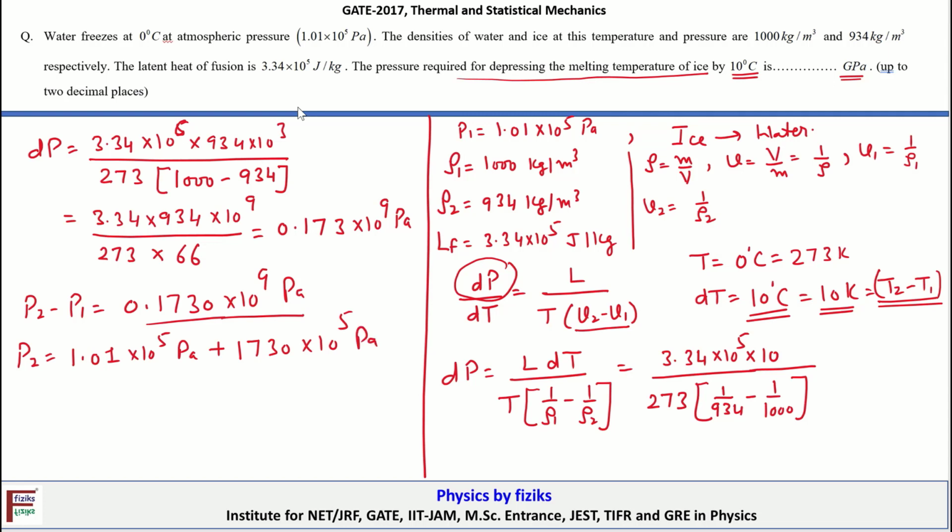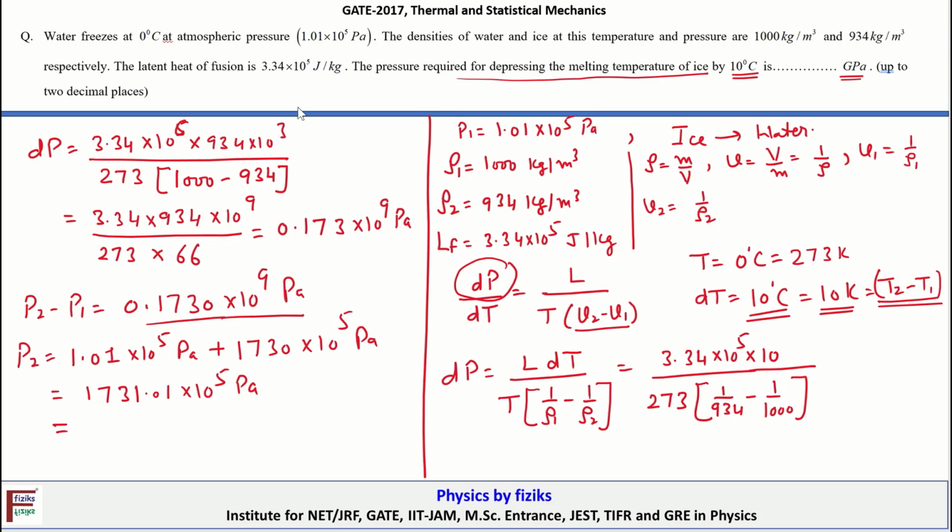So the new pressure will be 1731.01 into 10 power 5 Pascal.